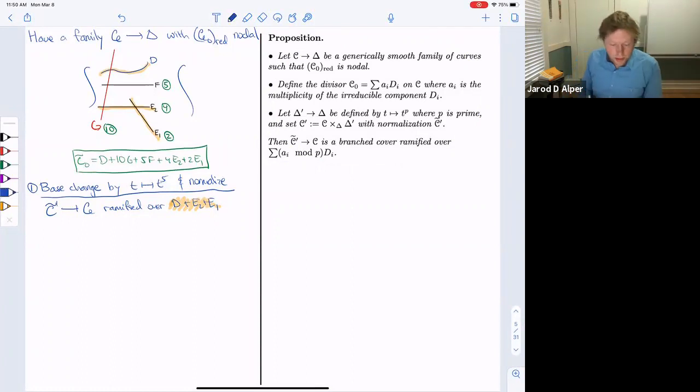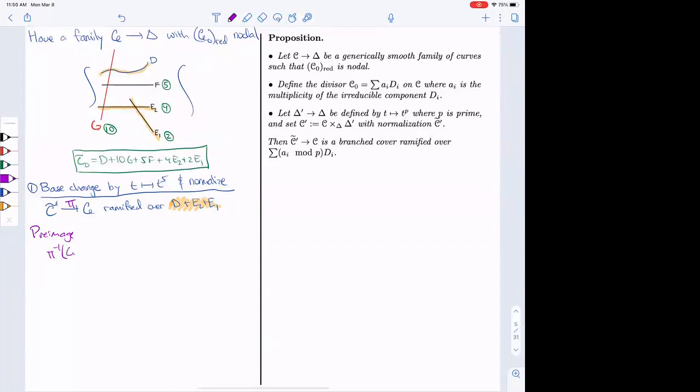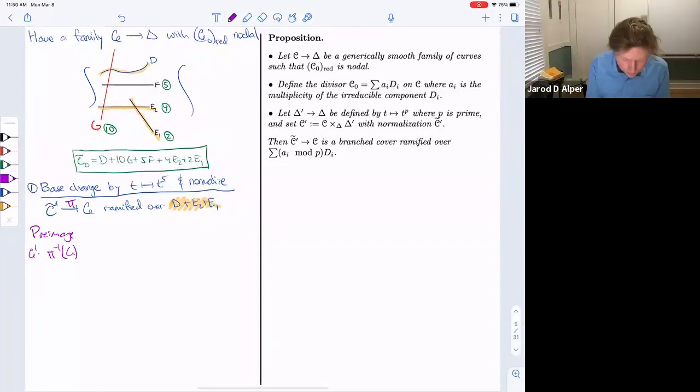And so we just need to compute what's the pre-image of the other curves. So namely, let's compute the pre-image. Let's call this map pi, and let's take pi inverse of G. Let's call that G prime. And this maps to G, right?